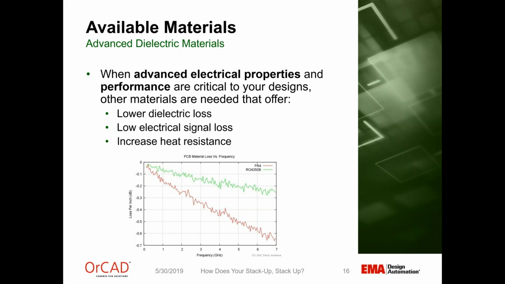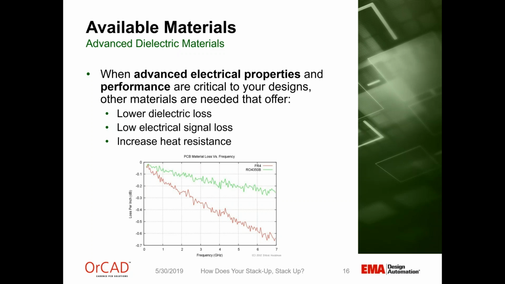There are a number that are used in the industry, and a number of different trademarks. G-Tech and Rogers are some that are commonly used in this space, and they offer better attenuation, as shown before. Same type of graph here: losses per inch, in red is FR4. You get a little bit more signal loss than you do if you use a higher quality material, which you see in green there. So less signal loss, higher signal quality overall, which is something you want.